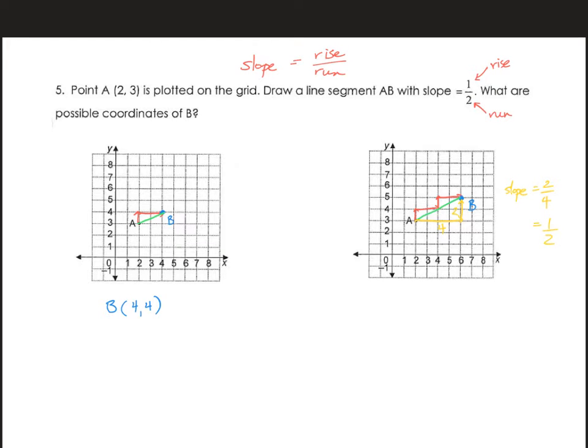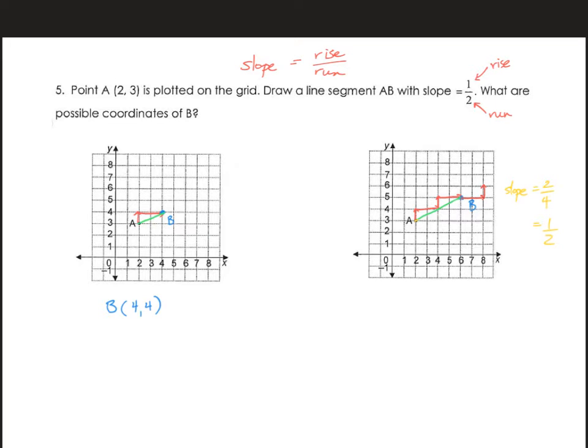So that is one possible way for us to find more of my points, and you'll notice that it creates infinitely many point B's. You could simply continue moving as many times as you want, over 2, up 1, creating as many other points on that line segment.